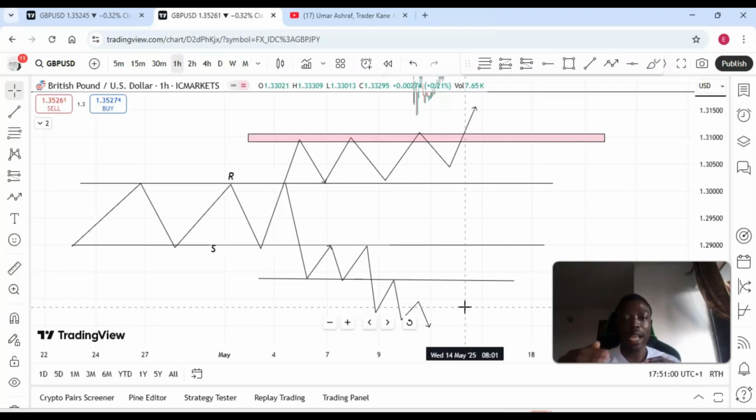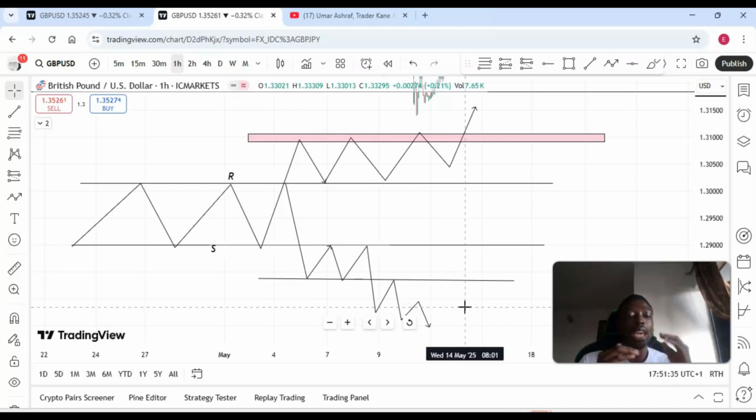You also look for confirmations, like candlestick confirmation, something like a bullish pin bar, bullish engulfing, or a hammer candlestick on your support level, which shows you that buyers are stepping into the market, or a chart pattern like a W, a double bottom pattern, or head and shoulders. There are so many reversal patterns that show you this support level is going to hold, and you can now look for a buying opportunity.